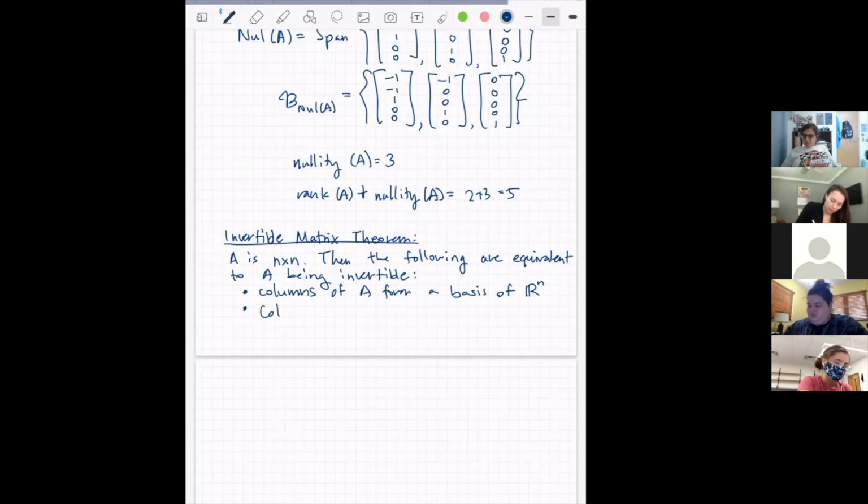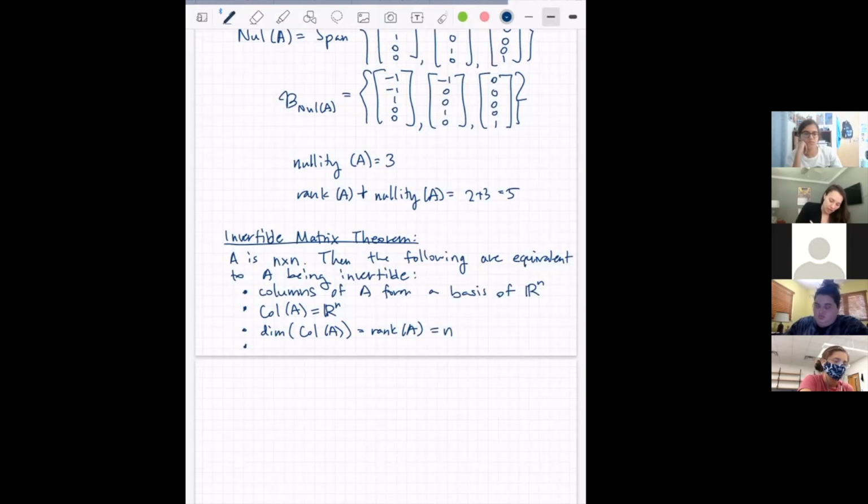This is also equivalent to the column space of A being equal to all of Rn. And that is the same as saying that the dimension of the column space of A, which is the rank of the matrix A, is equal to n.